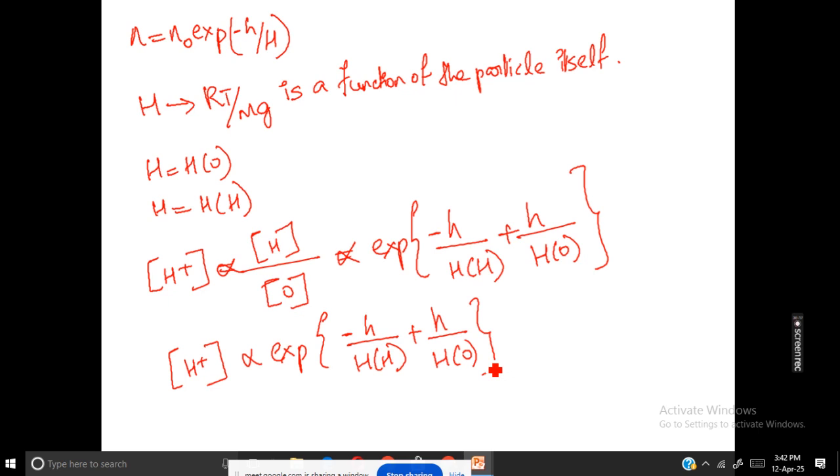Now the ratio between the scale height of oxygen and the scale height of hydrogen will be the ratio between their masses itself. Since H is given by RT by mg, the ratio between the scale height of hydrogen and the scale height of oxygen is basically 1 is to 16. Or we can write the scale height of hydrogen is equal to 16 into the scale height of oxygen.